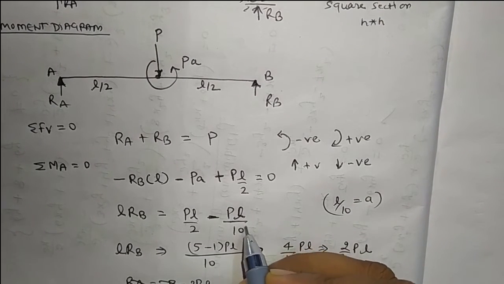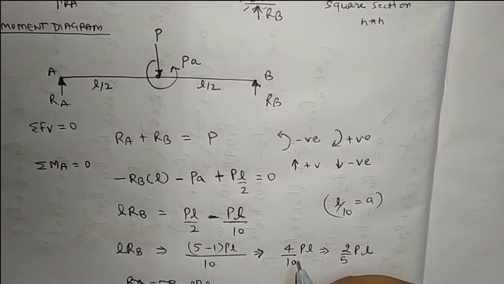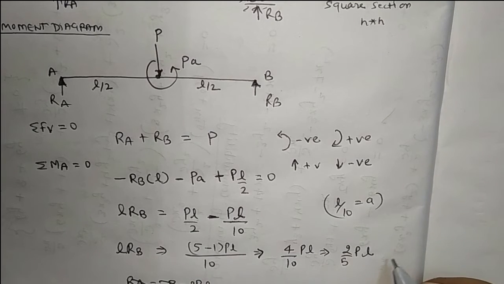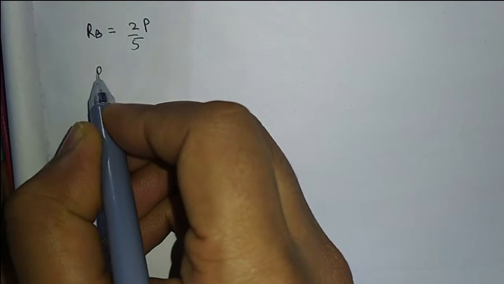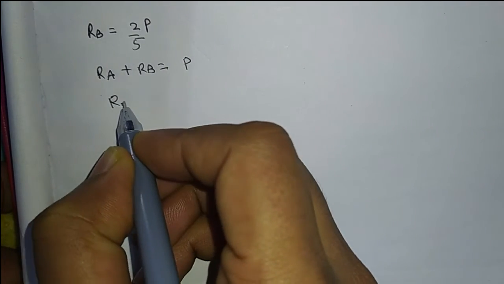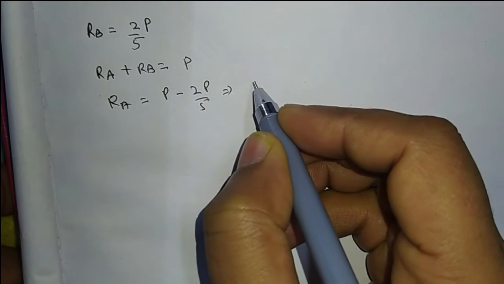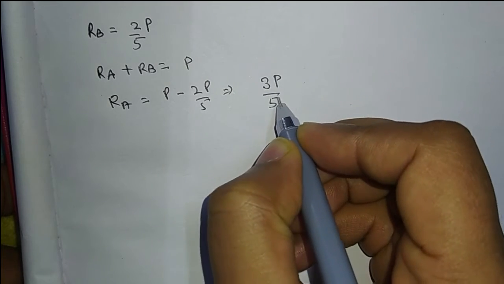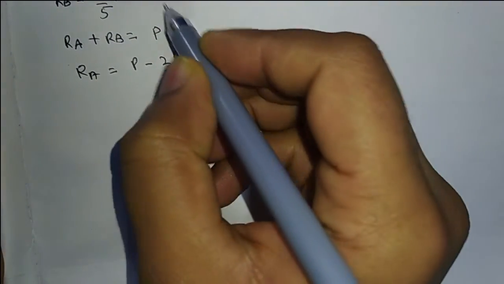Putting the value of A, which is equal to L by 10, after solving the equation, we will get the value of RB equal to 2 by 5 P. Putting this value into the first equation, RA will be equal to 3P by 5. So we have the values of RA and RB.